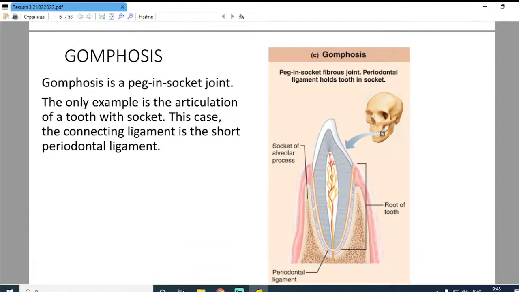Next example, gomphosis. Gomphosis is a peg-in-socket joint. The only example is the articulation of the tooth or dens with its socket. In this case, the connecting ligament is a short periodontal ligament. What you see, periodontal ligament.